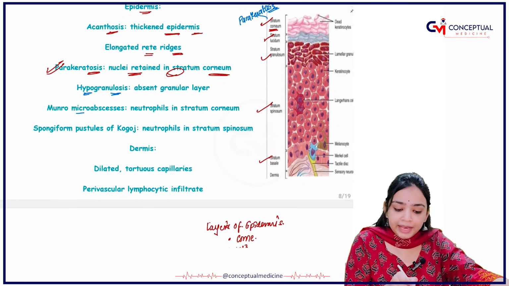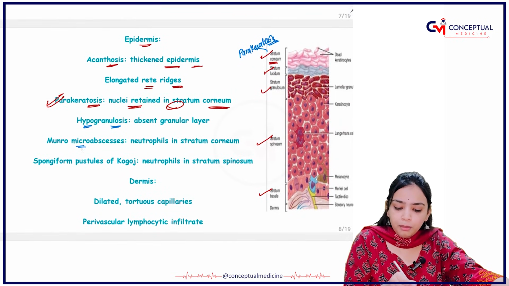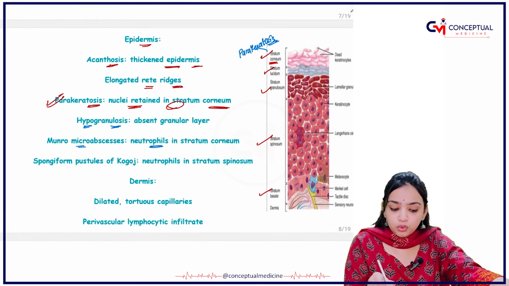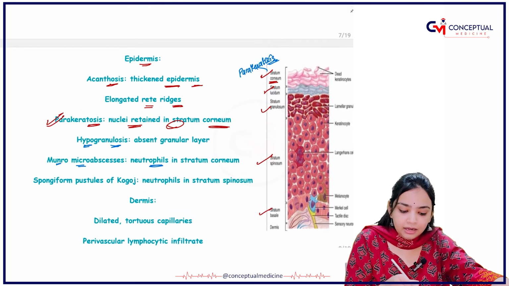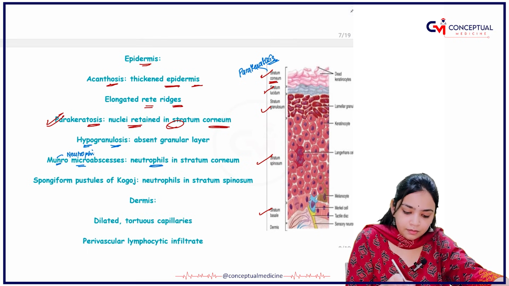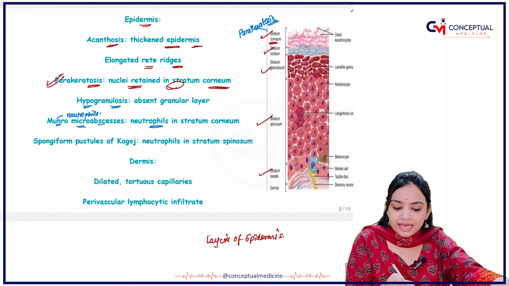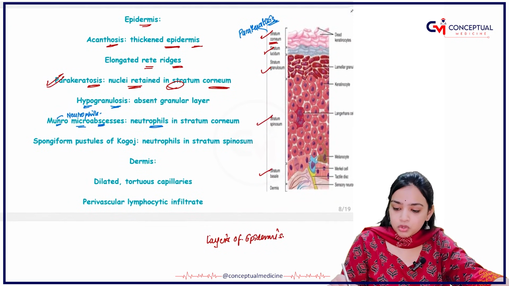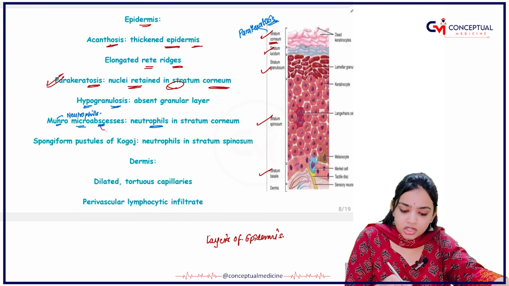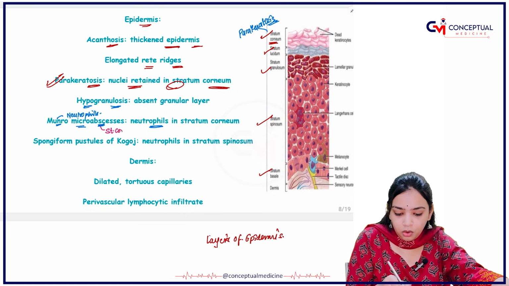What are Munro's microabscesses? So in Munro's microabscesses, remember there are neutrophils. Munro, N. So there will be neutrophils, abscess. See, SC is coming together. So there is abscess in stratum corneum.